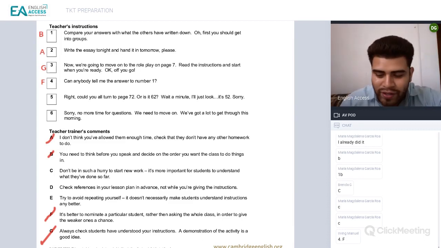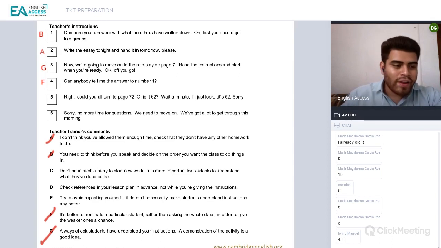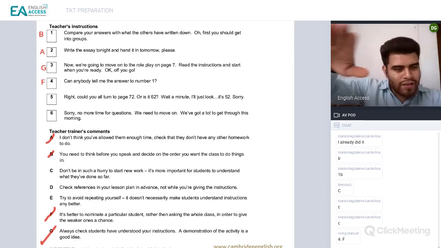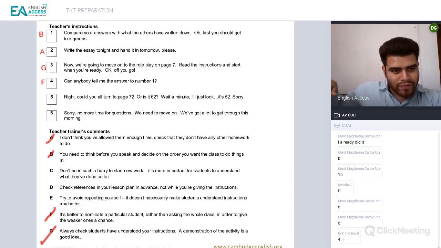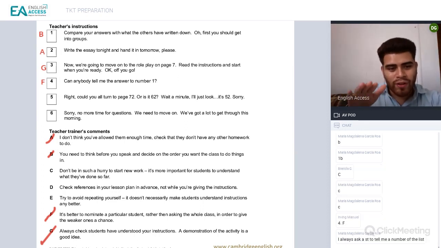If you know the student is a weak student, first ask the smarter students or the impulsive students, and then ask the shy students or the lower students.